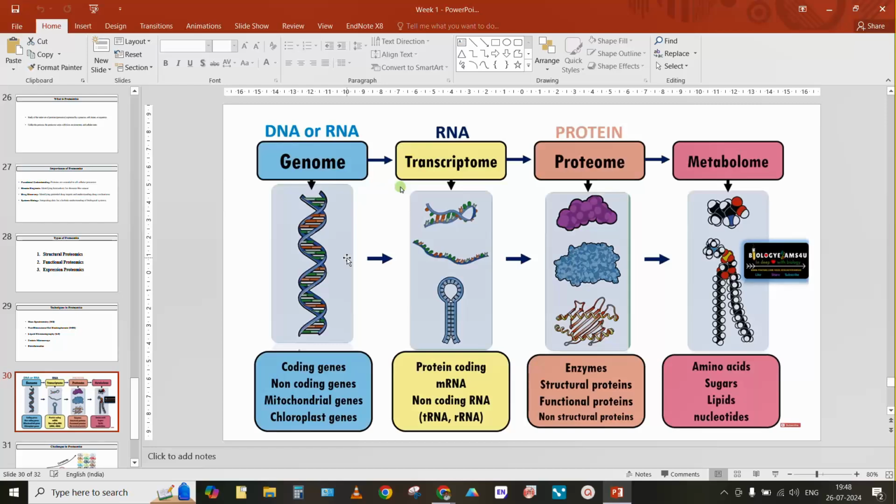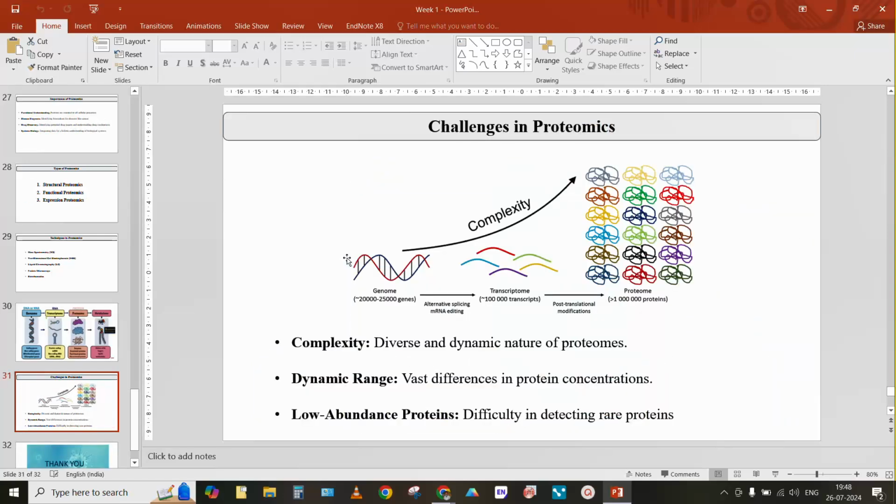Okay, so these are some challenges in proteomics. It has complexity, dynamic range, and low abundance proteins. As you can see, as we go from the genome to the proteome, the complexity increases.